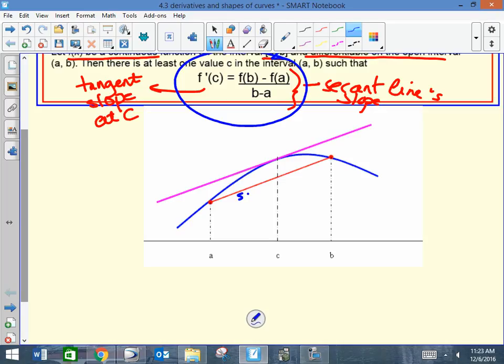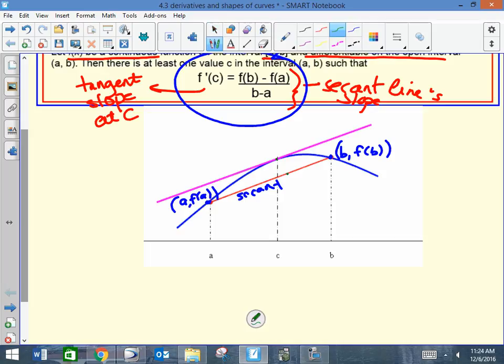This is the secant line because it goes to A, f of A, that's the ordered pair, and B, comma, f of B, whatever this function in blue is. That's how you get those values. That has a secant, that has a certain value of a slope, and so does this value.